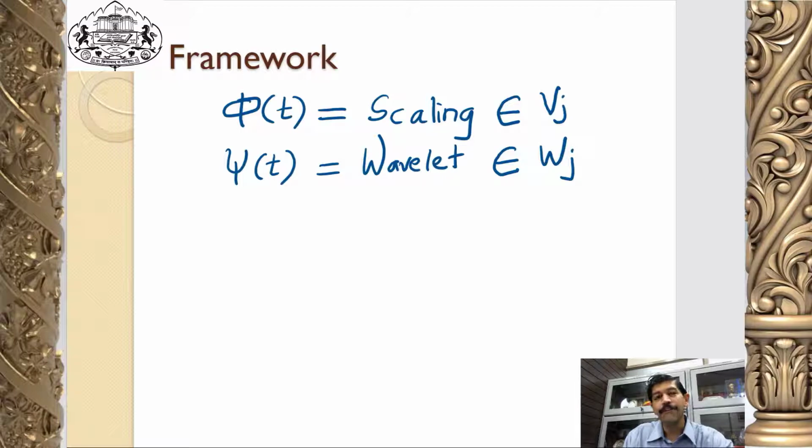Can I come up with a neat mathematical framework to understand how I change the resolution? And the answer to this question is yes. So let's put down the mathematical framework now.